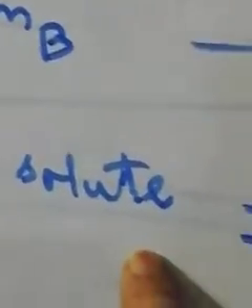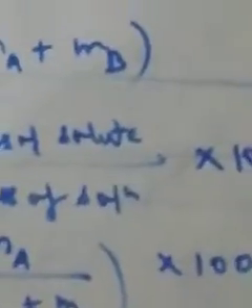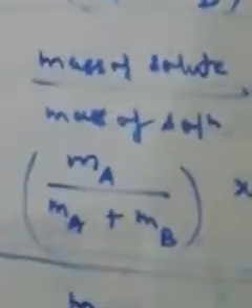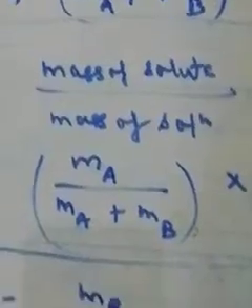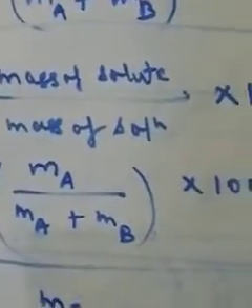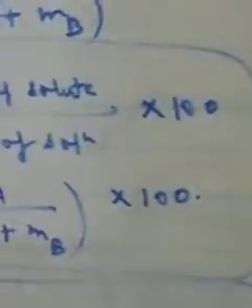If we have to calculate the mass percent of solute, then mass percent of solute will be equal to mass of solute divided by mass of solution into 100. So the formula will be Ma, the mass of solute, divided by Ma plus Mb, the total mass of the solution, into 100.